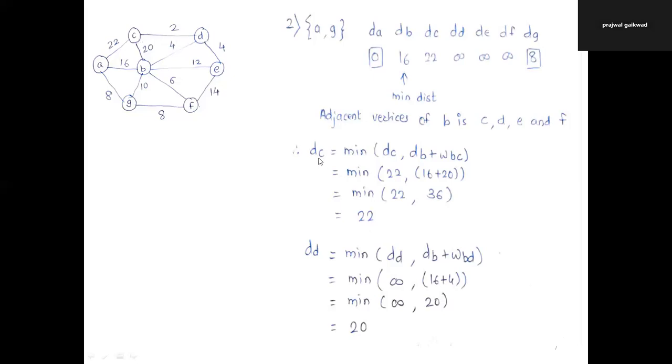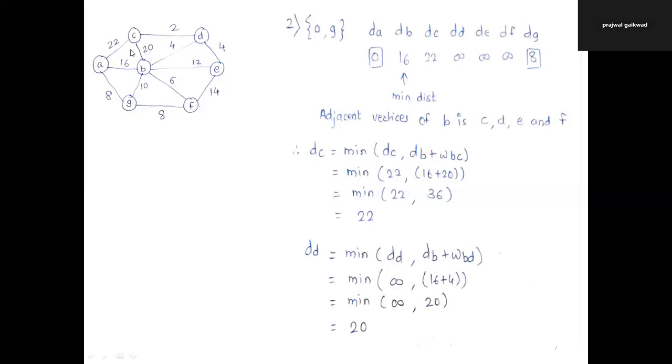So the distance of C will be the minimum of dC, because it is directly connected to node A, which is 22, comma, dB plus weight of BC. So it is 16 plus 20. The minimum comes out to be this one, 22. Likewise for dD, D is not directly connected to source node A, so it is infinity.